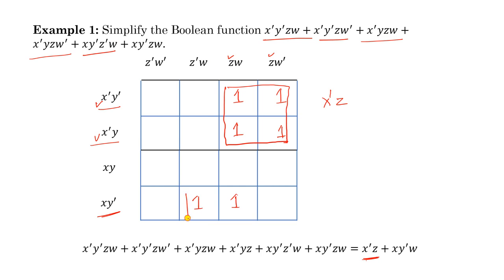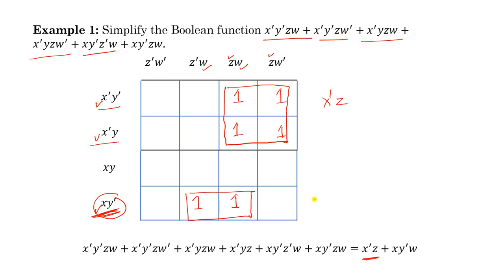Now we have to combine these two ones to form a block of 1 by 2. And look at this, x y dash, these two literals are the same in this, because this is a horizontal row. So both these literals will be the same, x y dash. And here if you see, only w is the same in these two squares.